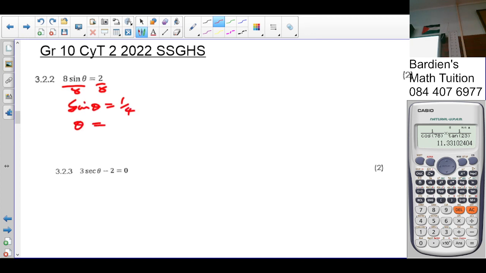So arc sine of a quarter gives us 14,48 or 14,5. How many decimal places is this? Did it specify? 1.